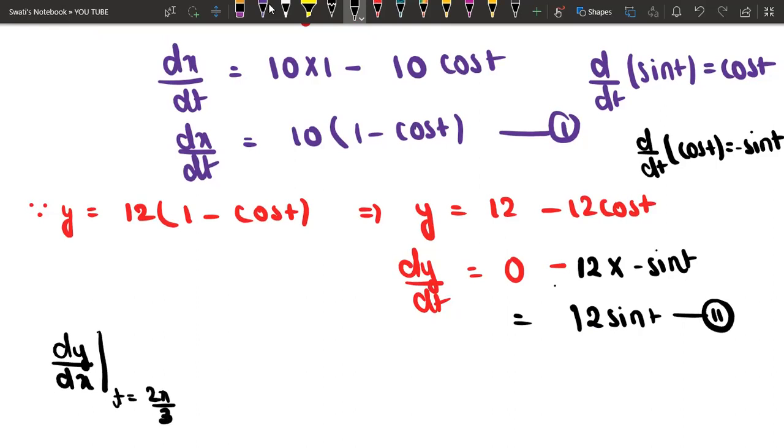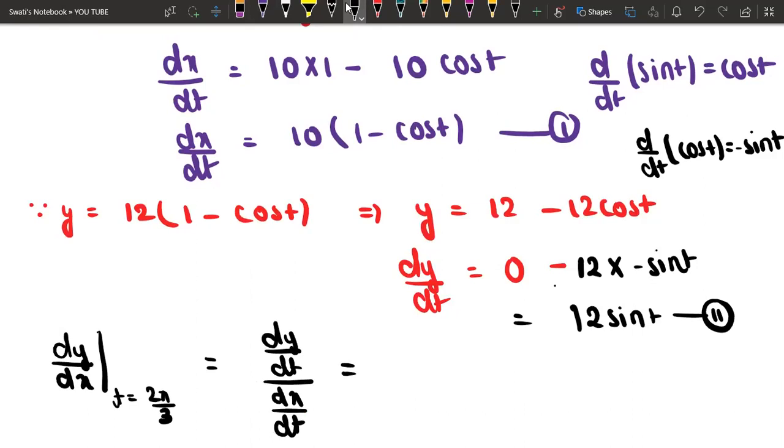Now, because we want to find out the value of dy dx, this is not how I should write. So let me write this properly. This is dy dt upon dx dt. This is actually dy dx. That is why we can write dy dx in this form.